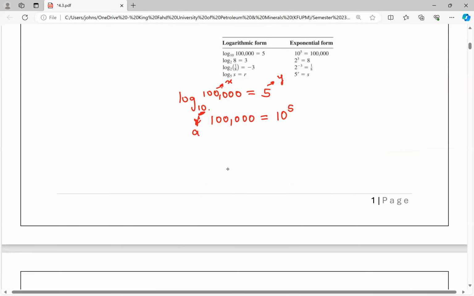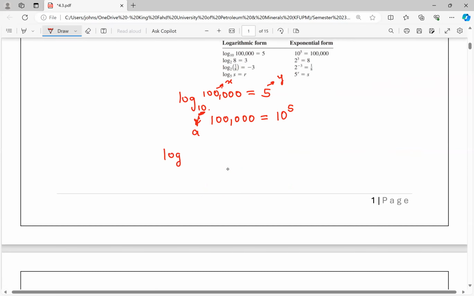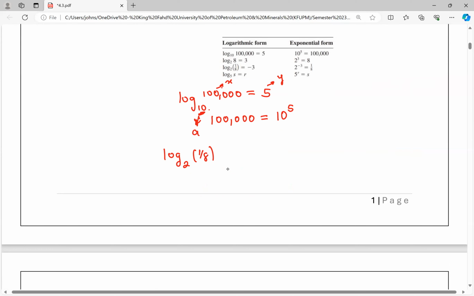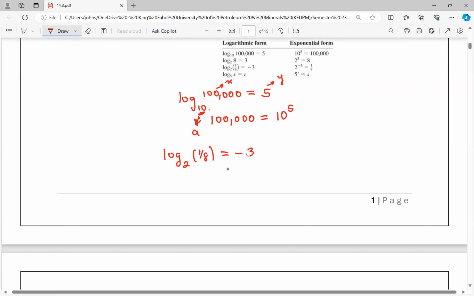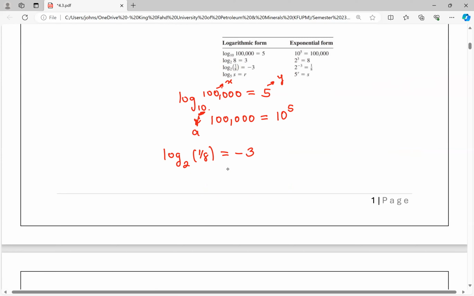Okay, so let's do another one. You have log to base 2 of 1 over 8 equals minus 3. This is logarithmic form. All you need to do is take this as your x.